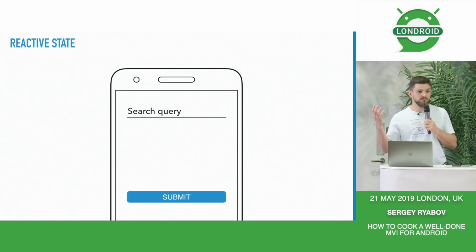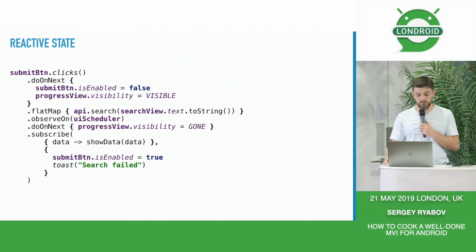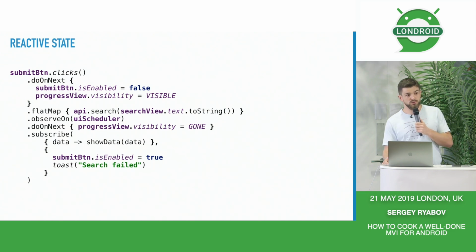We will have this simple application with a search bar, and we will search for some stuff on a backend. We will input a query and get results. How may we construct this in a naive Rx-based way? Something like this. We get a flow of our clicks. On each click, we disable the button, then perform the request, show progress, hide progress, and show errors or data that came from the server.